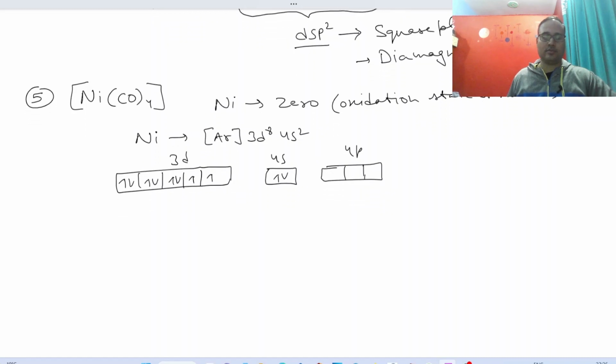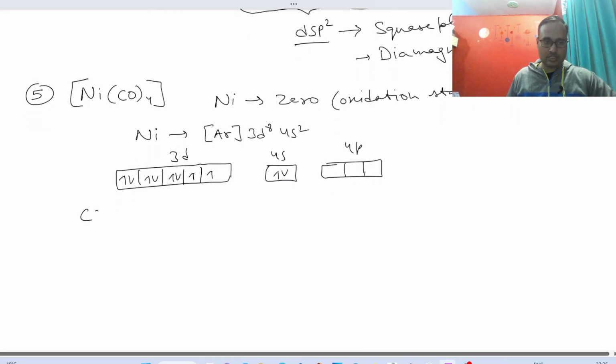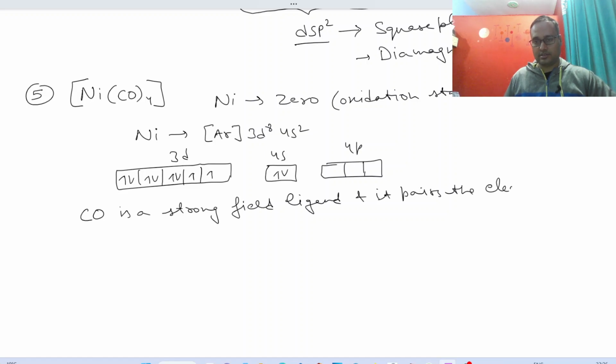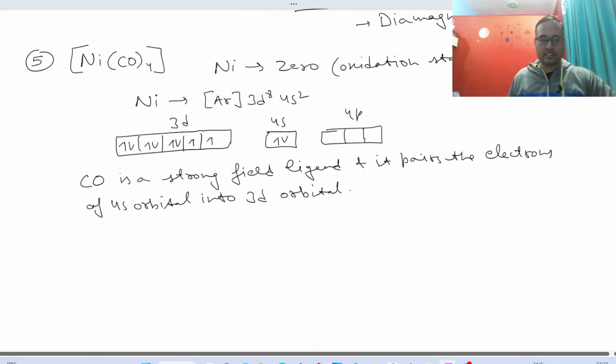Now again, CO is a strong field ligand, carbon is a strong field ligand, and it pairs the electron of 4s orbital into 3d orbital. As a result, what will happen?